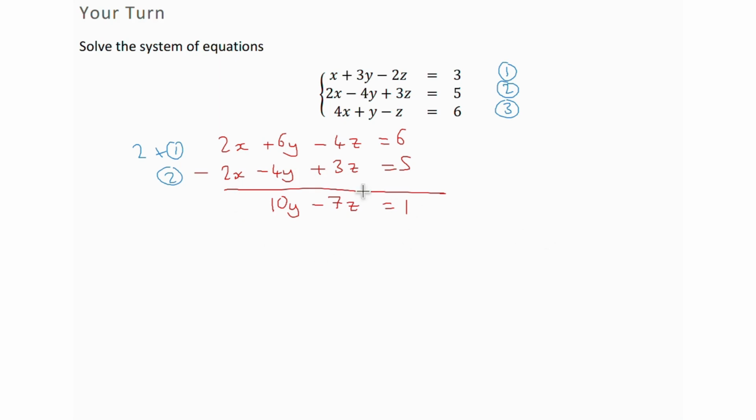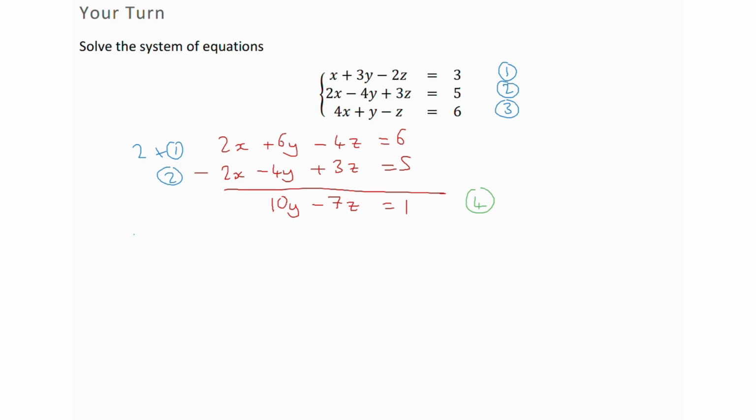Now I have one equation in y and z, but I still have two unknowns, so I need another equation in y and z. Let's call that one equation 4. And now to do that, I'm going to combine equation 3 with something. In fact, I'm going to combine it with equation 1 again.